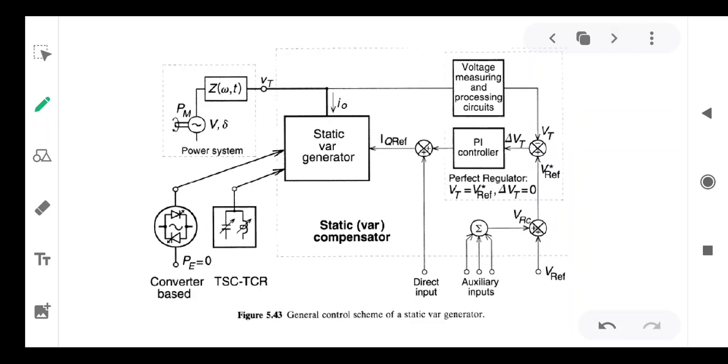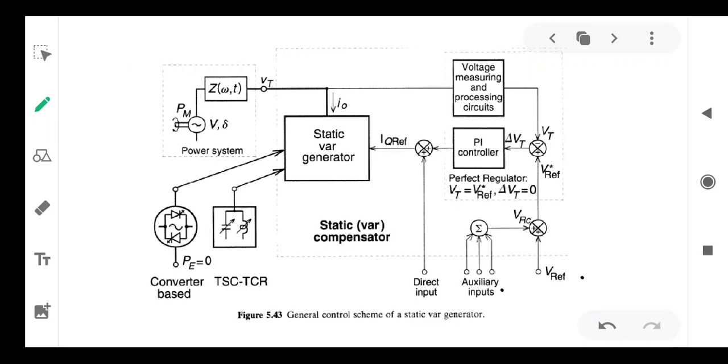So this is the general control circuit of the SVG. This is V reference voltage, and these are the auxiliary inputs, delta F, delta P, any one.